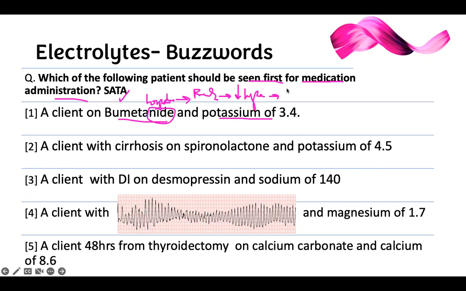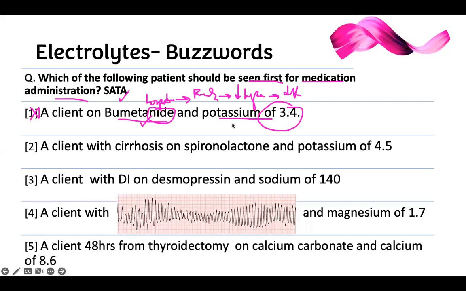Your potassium is low. Look at this patient. His potassium is 3.4. Why would I give him a medication that is going to make his potassium low? Therefore, I'm not seeing you first. I know you need your bumetanide, but I'm not giving it to you because your potassium is 3.4. I don't need to see you first.